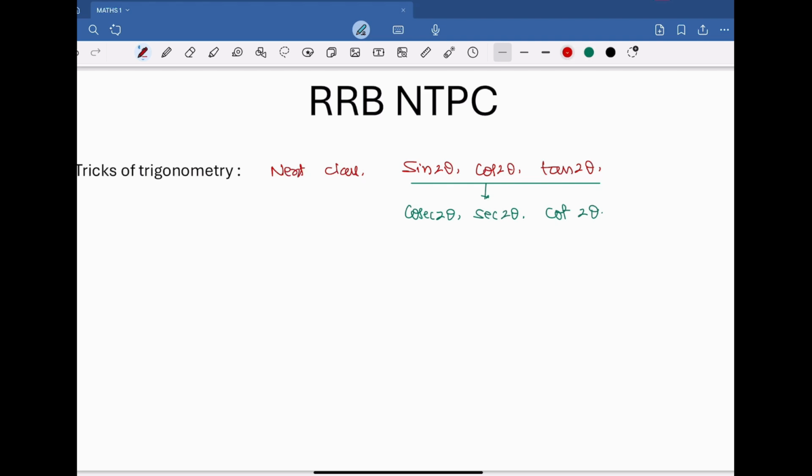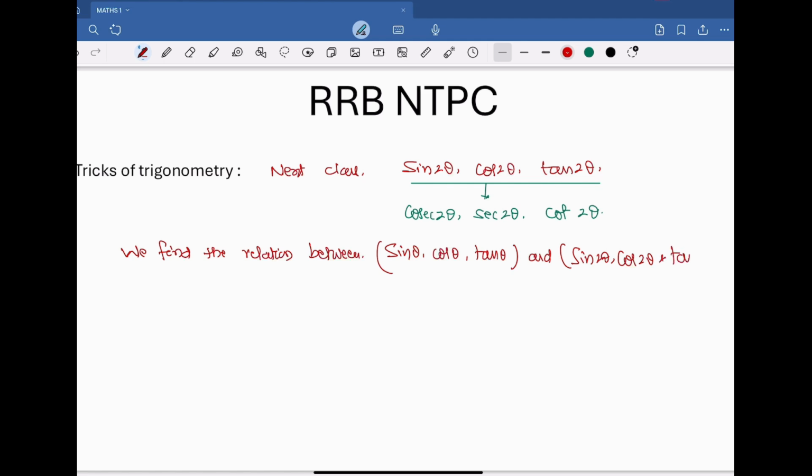We find the relation between sin theta, cos theta, tan theta and sin 2 theta, cos 2 theta and tan 2 theta.